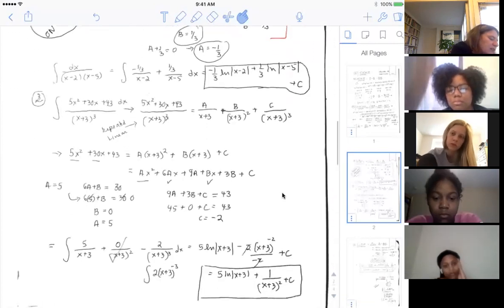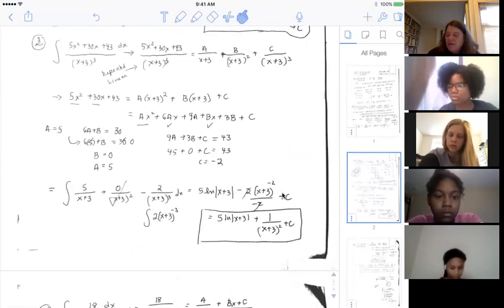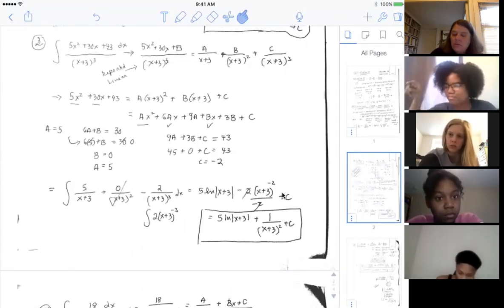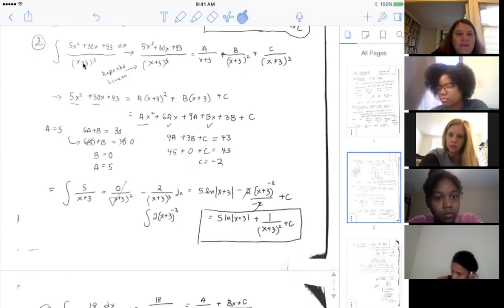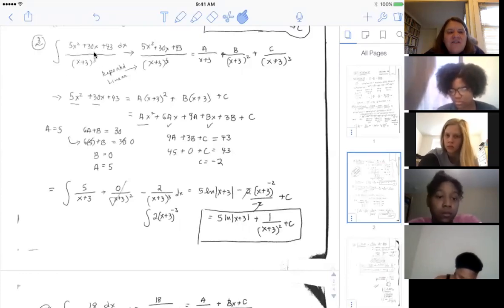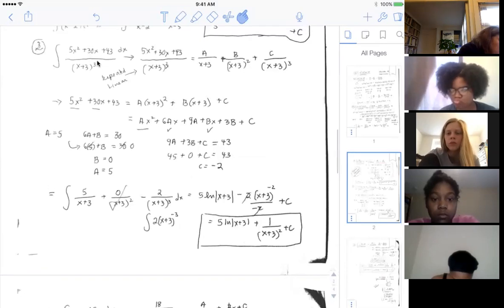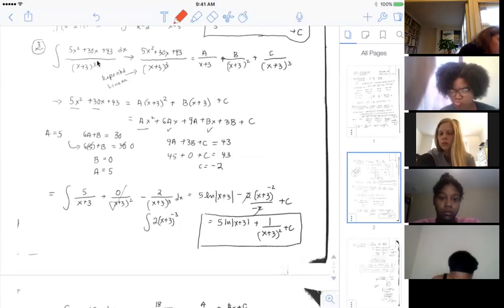All right, let's look at the second one on the quiz. First thing you want to check now is that the power on the numerator is less than the power on the denominator. If not, you got to divide. We may run into that a little later. But notice this, guys. This is what's called a repeated linear factor. It's not a quadratic. It's not irreducible. It's x plus 3 times itself 3 times.